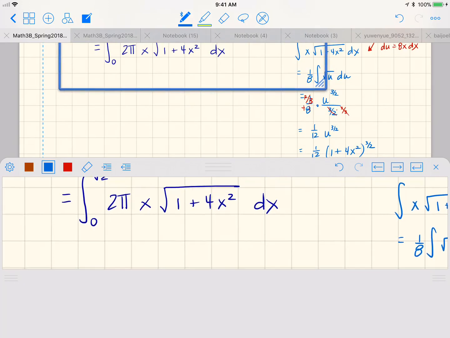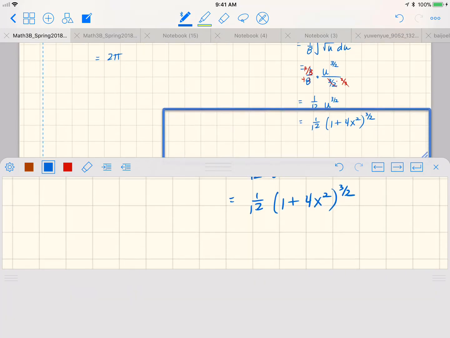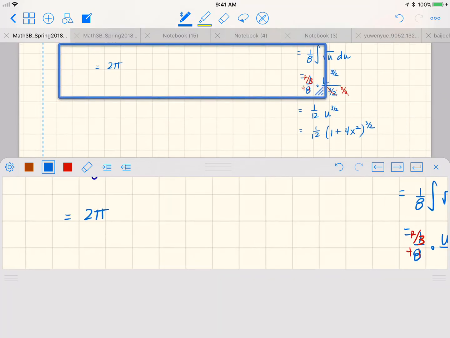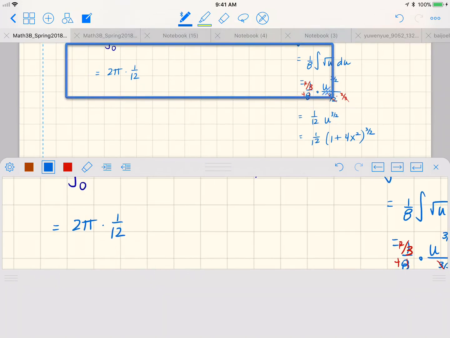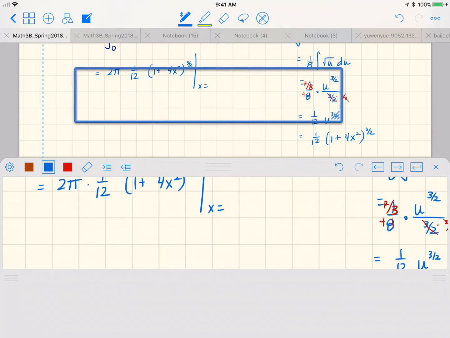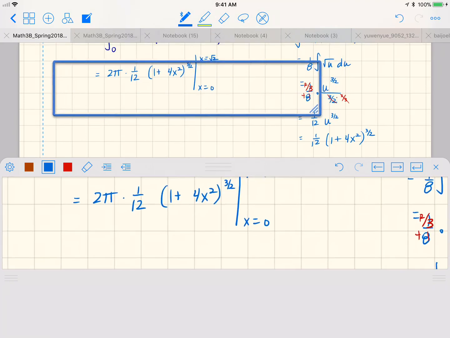Okay, so evaluating this, we're going to get this is equal to 2 pi. We can bring the 2 pi out front, times 1/12, times quantity 1 plus 4x squared to the 3/2, evaluated from x equals 0 to x equals root 2.